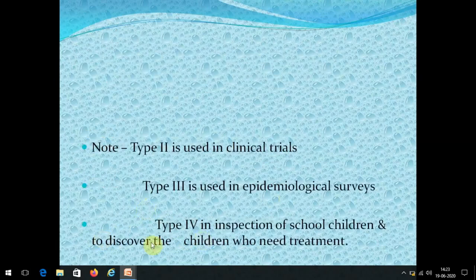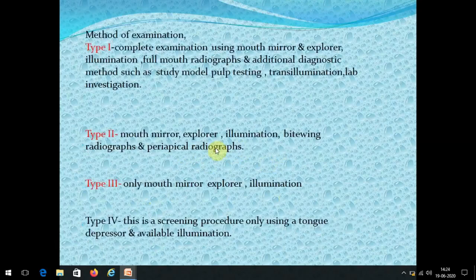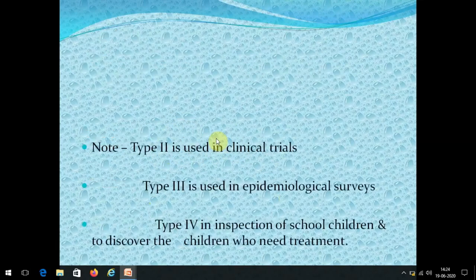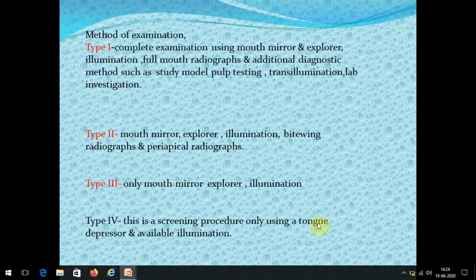Type 2 is commonly used in clinical trials, where we use mouth mirror, explorer, illumination, and radiographs. Type 3 is used in epidemiological surveys. When we go to the field, we are studying a very large group of people, so we use mouth mirror, explorer, and a torchlight for illumination.